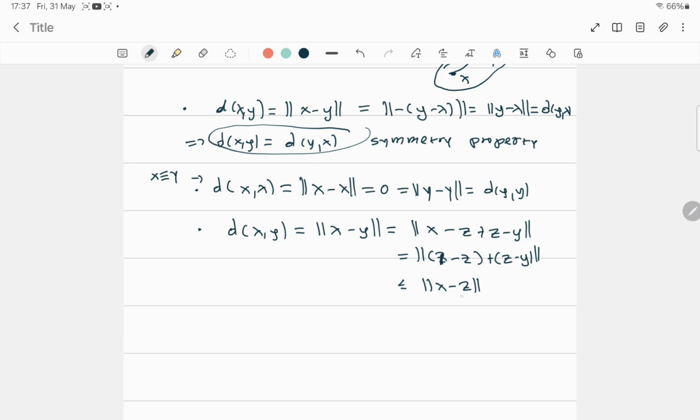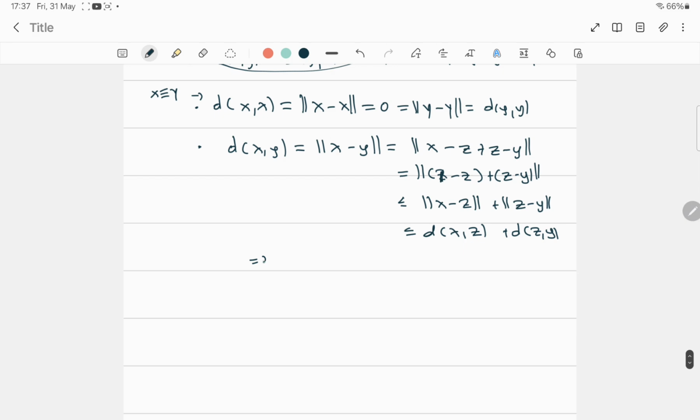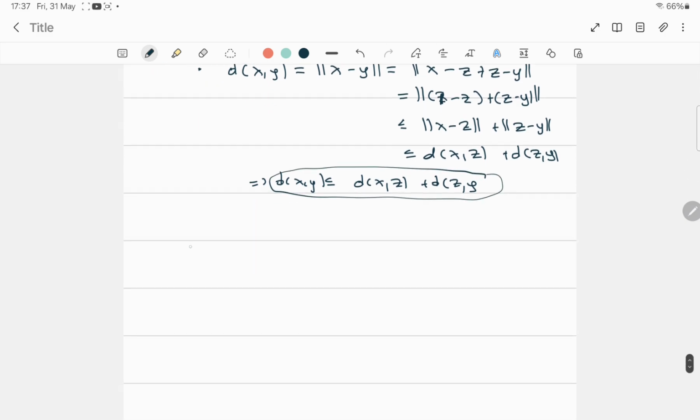And this is the norm of x minus z plus the norm of z minus w. This is d(x,z) plus d(z,w). That's the third property.